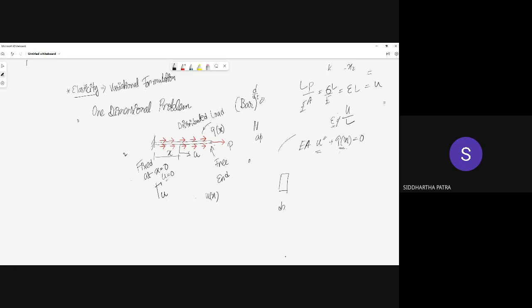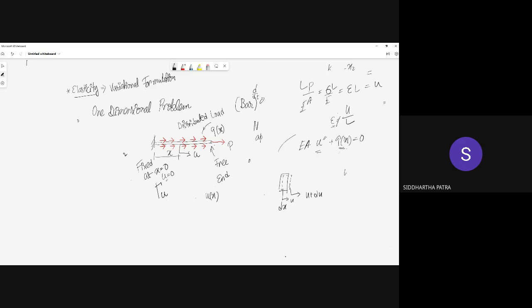If you have a differential element dx, and post application of the distributed load it elongates, so to the left it elongates by, let's say, u, and towards the right it elongates by u plus du.